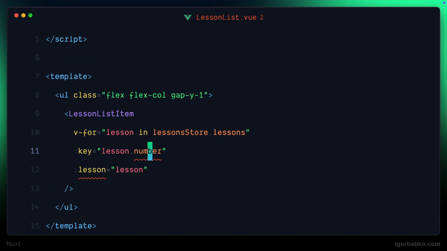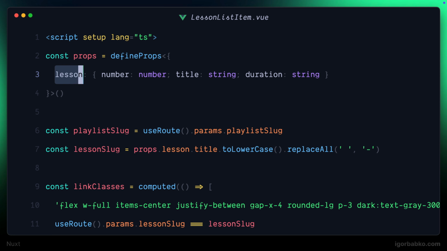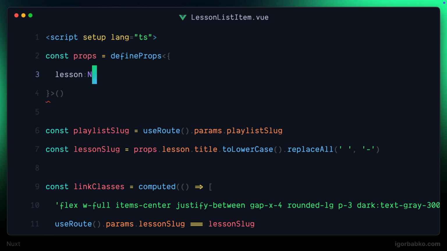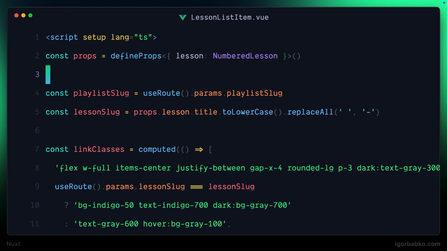Now let's open up the lesson list item component, which expects the lesson property to be of the following type. But because we have defined a separate type for it called NumberedLesson, let's replace this type with the newly defined type NumberedLesson, which already has all necessary properties. We don't need to import this type explicitly since Nuxt is going to do this for us.